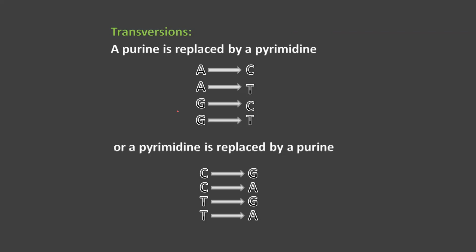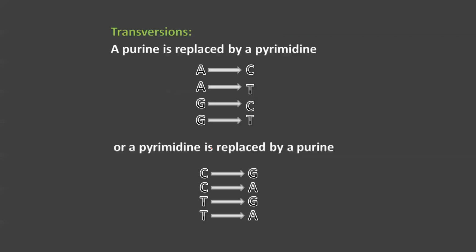So you swap an A with a C, or A with a T, G with C, G with T, right? Or the other direction, C to G, C to A, T to G, T to A, are transversions. So remember, if you're swapping within groups, it's a transition. If you're swapping between the two groups, it's a transversion, okay? In both cases, that's substitution.